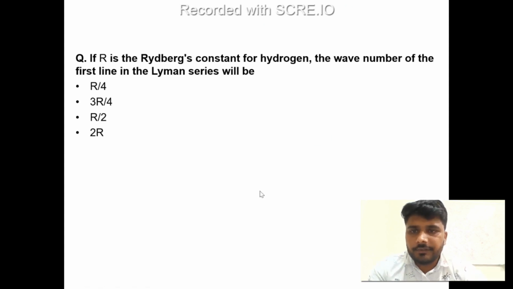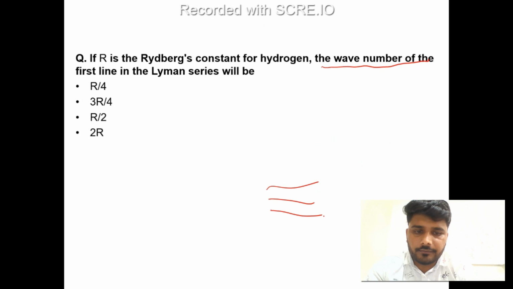If R is the Rydberg constant for hydrogen, you have to find the wave number this time of the first line in the Lyman series. The first line will be n equal to 2 to n equal to 1.